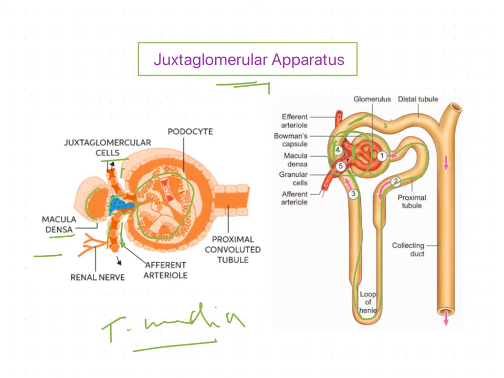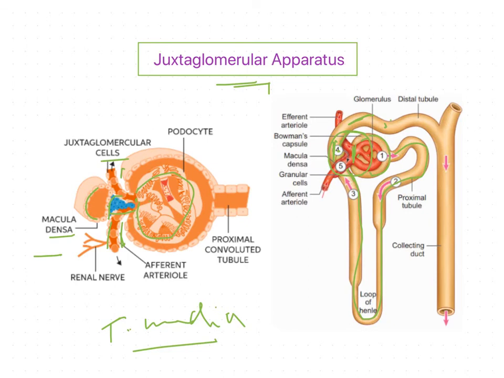The basement membrane lining the tubule at the macula densa is also absent here, and the juxtaglomerular cells come in direct contact with those cells also.